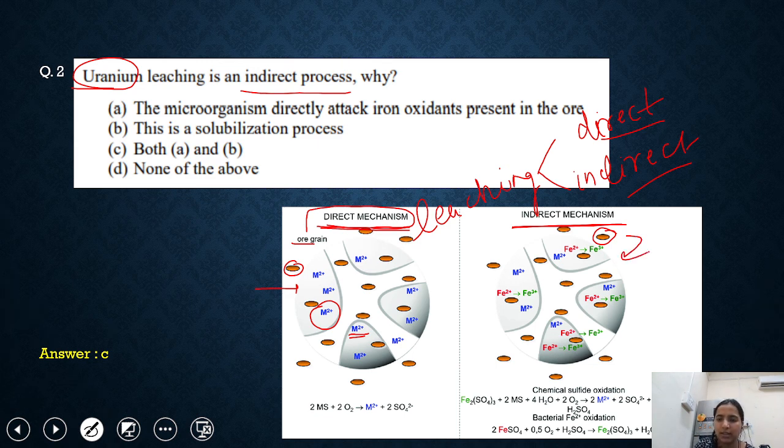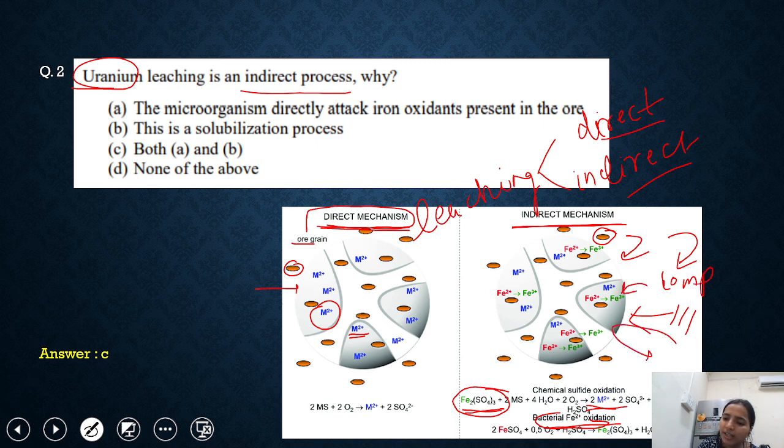Here, initially the microorganism is reacting with this iron sulfate to form this, and then it is further oxidized using the microorganism. It means it is not directly degrading the metal or extracting the metal. First it either produces a component that reacts with this, or it reacts with another material of the ore, and that is further converted to the required metal. But in the direct one, it directly reacts with the metal and the metal is extracted.